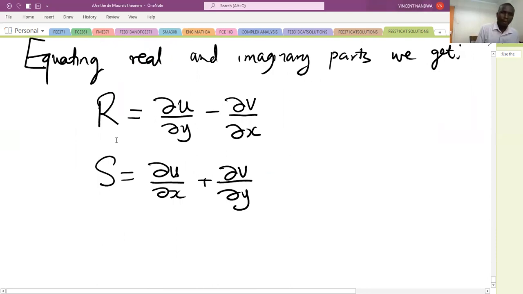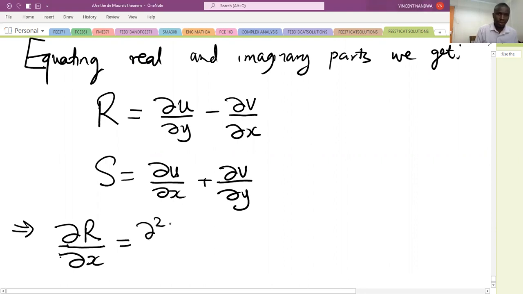So this implies that ∂R/∂x, differentiating this equation with respect to x, will give us ∂²u/∂x∂y − ∂²v/∂x².